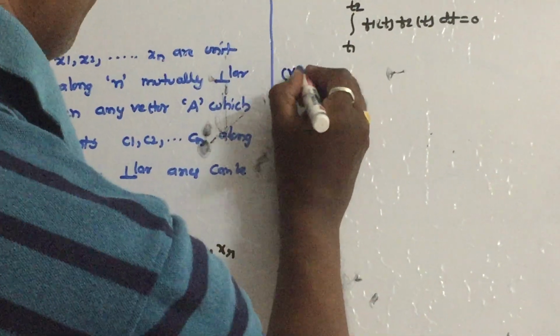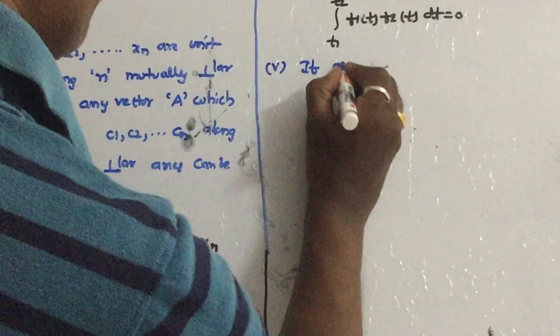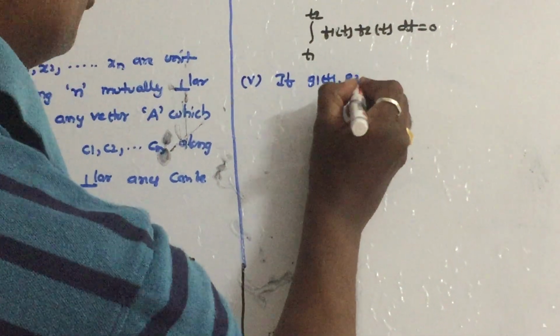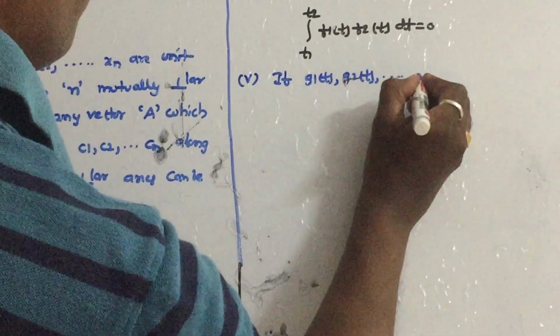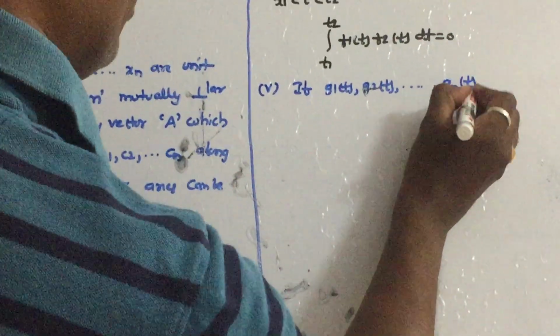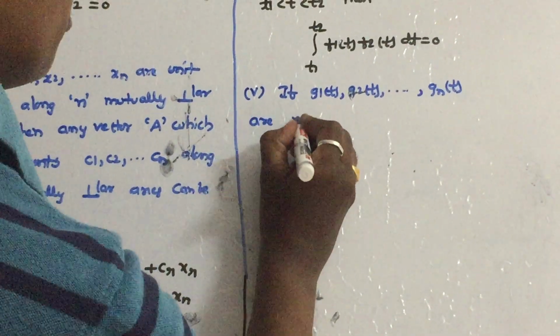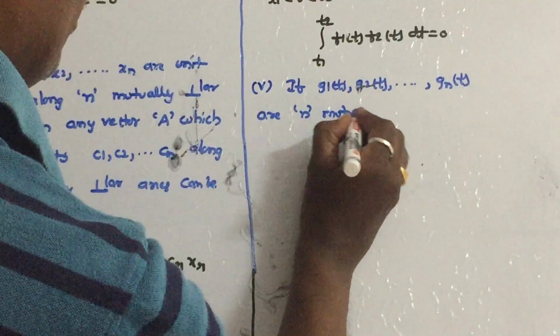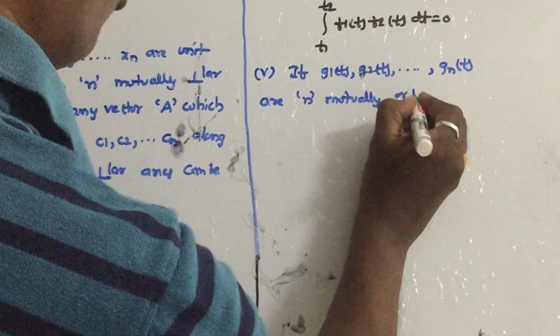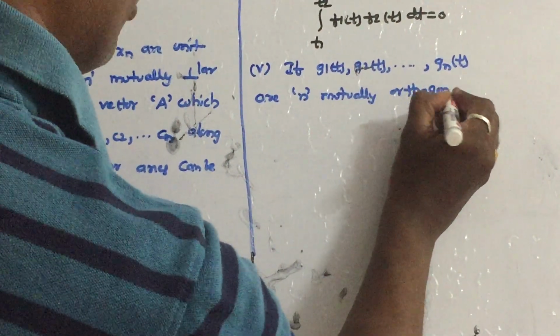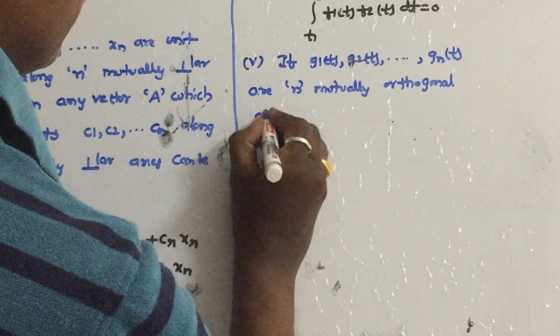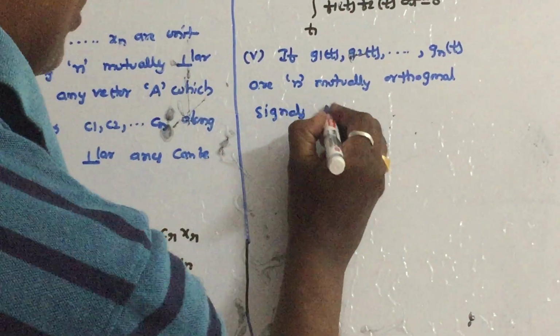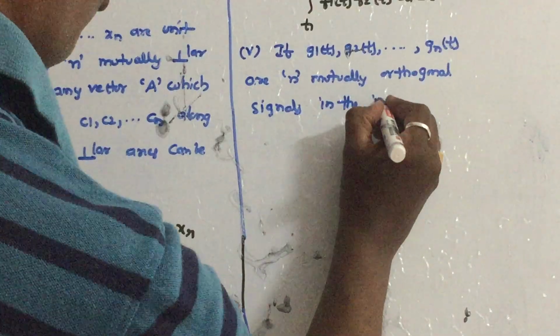Write the same thing on the right side. So what we write here, if g1 of t, g2 of t so on, what we have mentioned, gn of t are n mutually orthogonal signals in the interval, what is the interval?